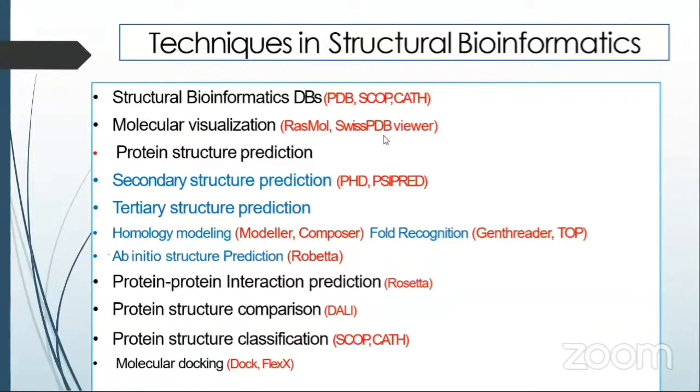Protein structure prediction. I have told you the protein structure predictions are in the form of secondary structure prediction and tertiary structure prediction. In the secondary structure prediction, there are different tools and databases. And the tertiary structure prediction you can do by Swiss-Model server or MODELLER, and also you can do homology modeling.